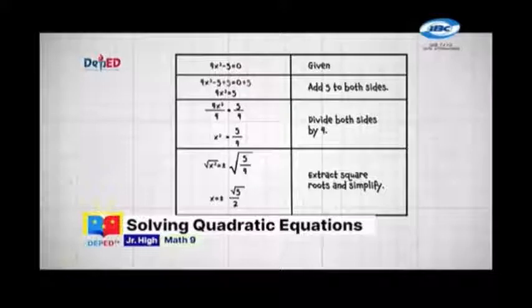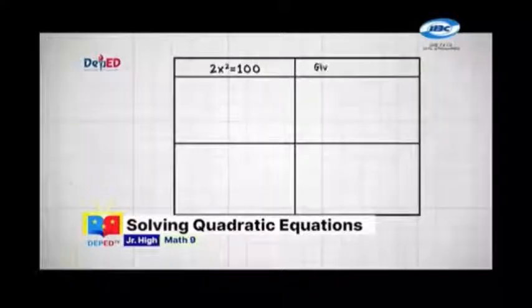That's why the square root of 5 will just be expressed as square root of 5. 5 will just remain under the radical sign. And that's it. The roots of the equation are square root of 5 over 2 and negative square root of 5 over 2.